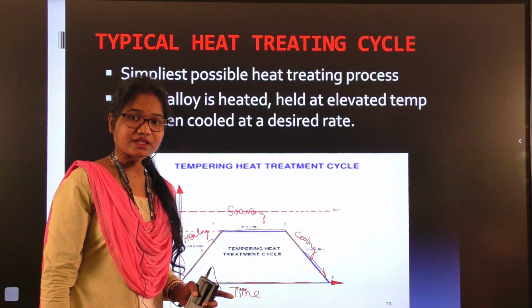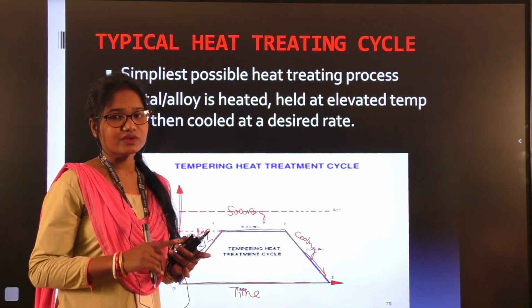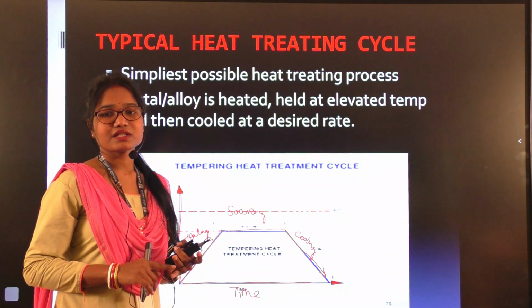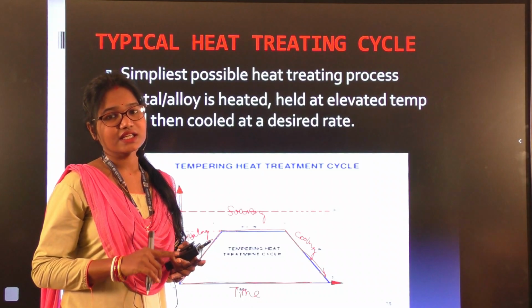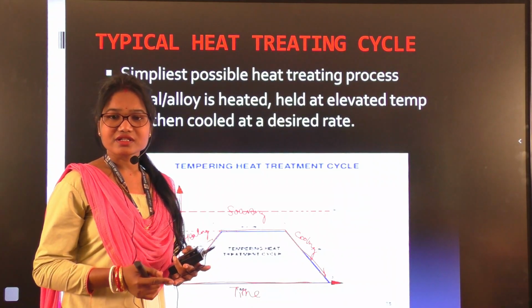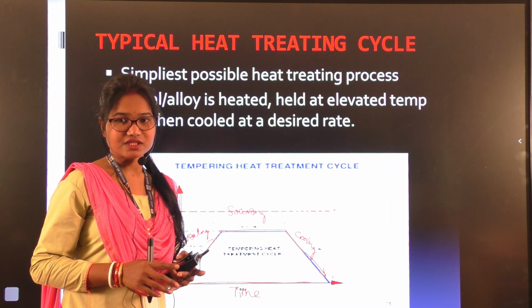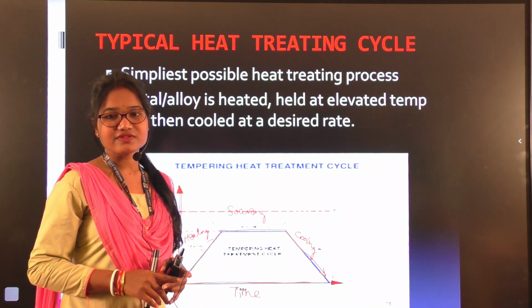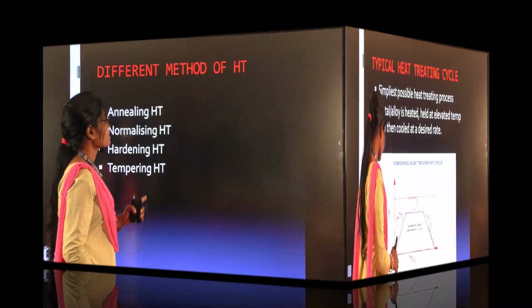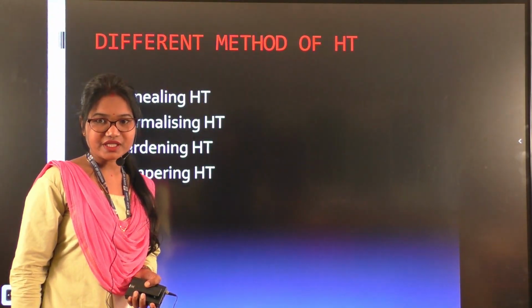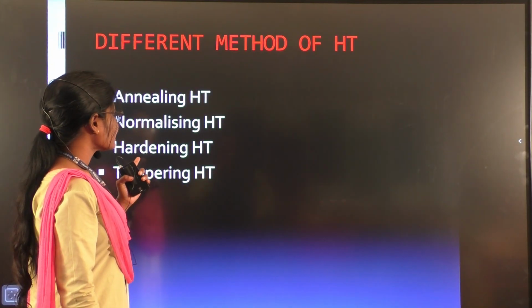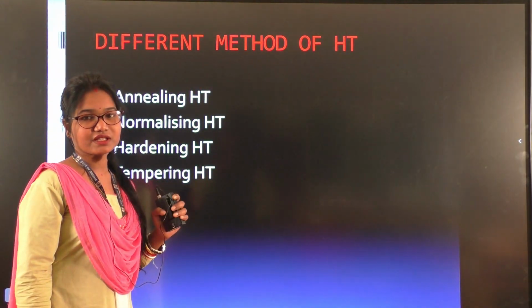Cooling can be done at a very slow rate, at room temperature, at a furnace temperature, or at a water temperature, or any medium we can use. So these are the 4 different methods of heat treatment.